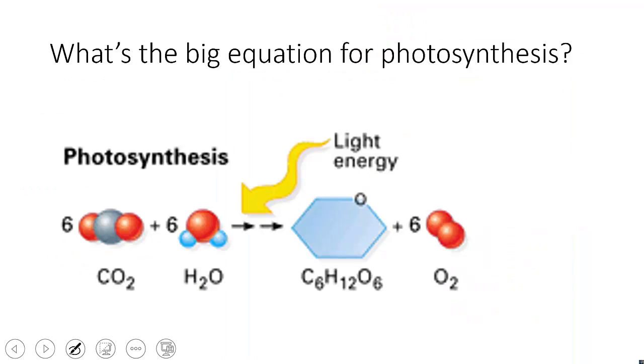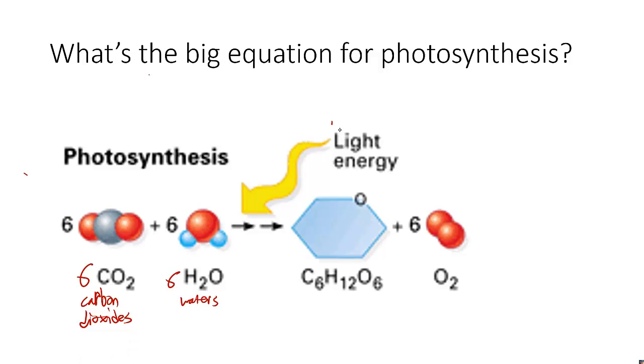What's the big equation for photosynthesis? We take 6 CO2s, so 6 carbon dioxides, and we take 6 waters, and we take light energy and we have a reaction, and we stick the energy from light into glucose, which is a sugar, and 6 oxygens is something else that we pull out.